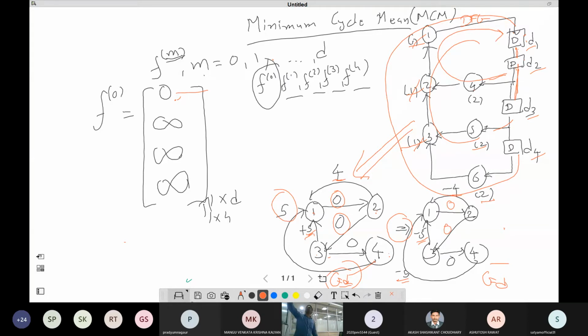Because f of 1, f of 2, f of 3 and f of 4 are being calculated from f of 0, and for that the equation is f of m j is equal to minimum over i belongs to I, where i is not equal to j, of f of m minus 1, i plus w bar i j.